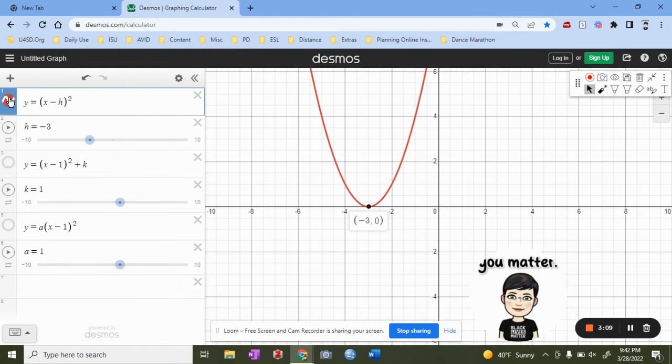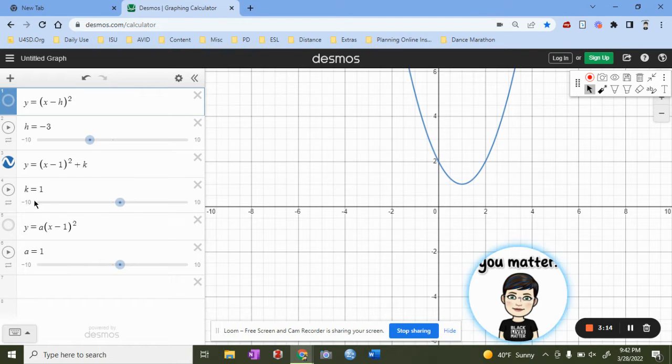Interesting. Well, let's take a look now at what happens if we change the k value. So here we're at that negative 1. So I'm going to come back. I'm going to put this at 1 because that's what we had before. Okay. So let's compare these two right now. The red graph is that original with my h of 1, so x minus 1 squared.